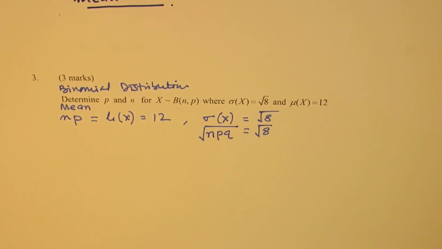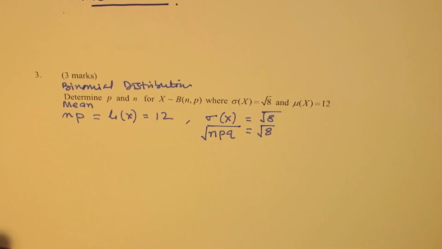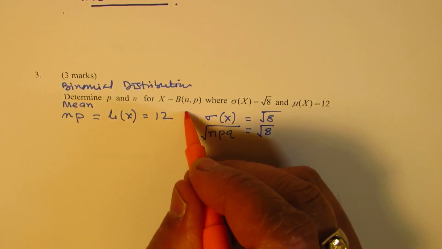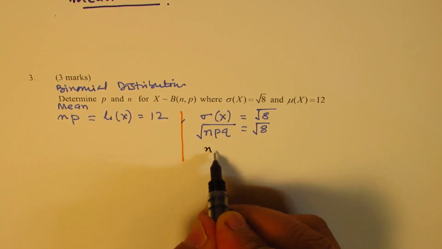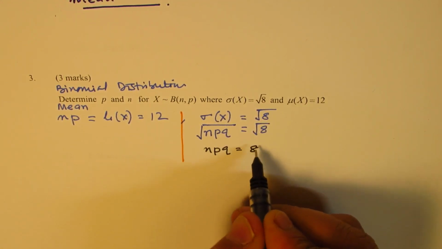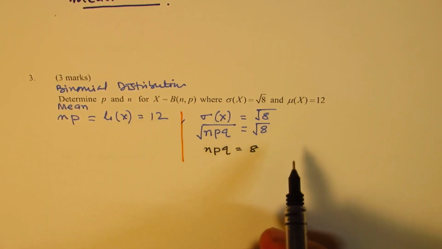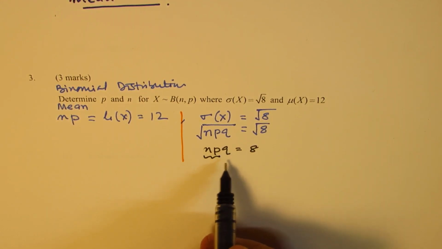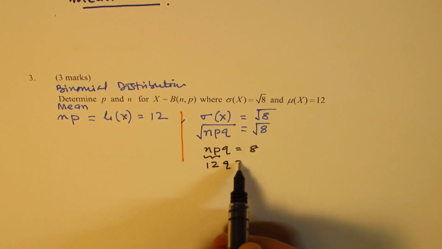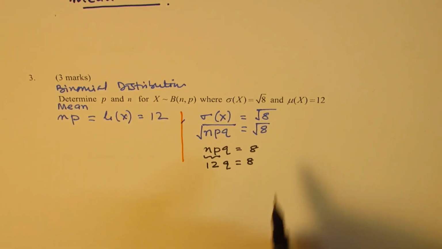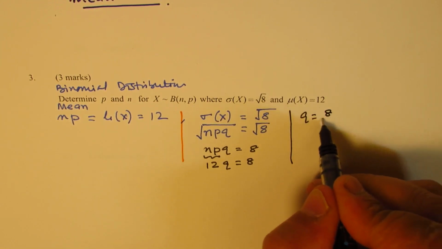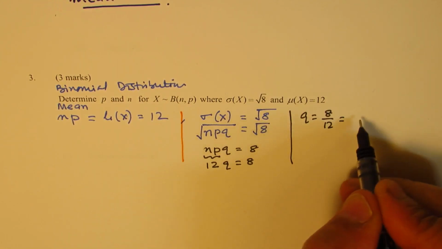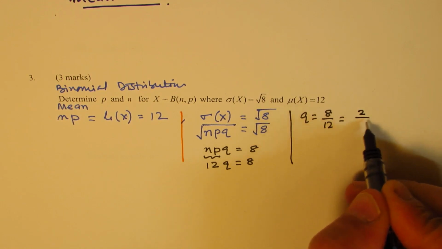Now from here, as you can see, we can actually solve for both N and P. Since we have two equations, we have NPQ equals 8, but NP is 12. So replacing NP with 12, we can write 12Q equals 8. And from here, we can solve for Q, which is 8 over 12, dividing by 4, we get 2 over 3, correct?